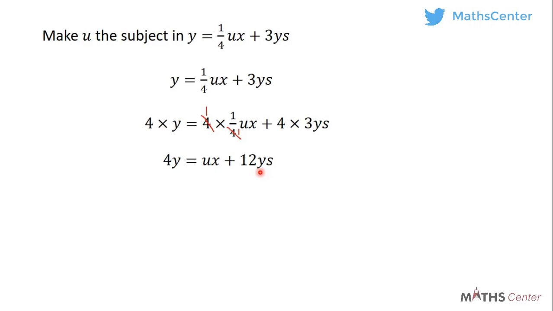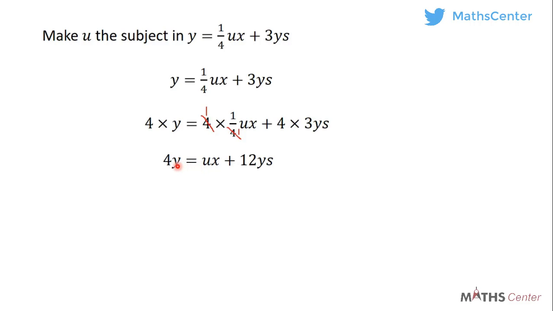Okay, let's go ahead and make u the subject in our equation. Our goal is to make u the subject. In order to achieve that, we have to make sure that the terms containing u are on one side of the equation. Luckily for us, there is only one term containing u, and that term is ux. So we make sure that ux stays on one side, then all the other terms will be on the other side.